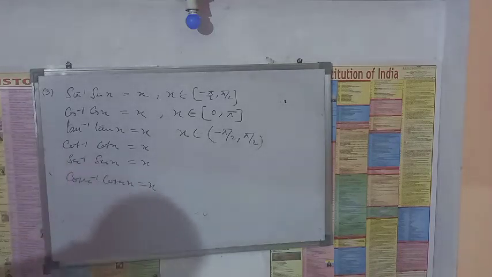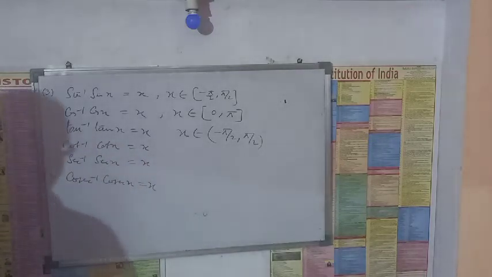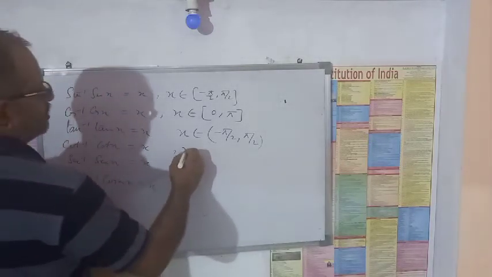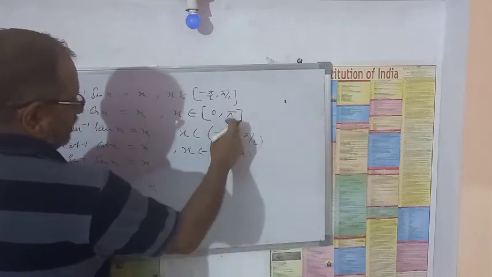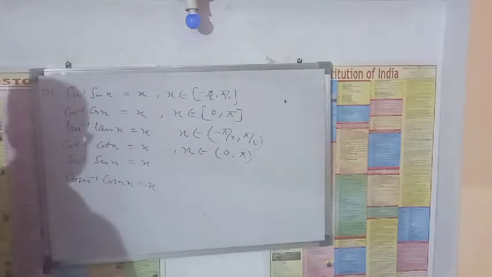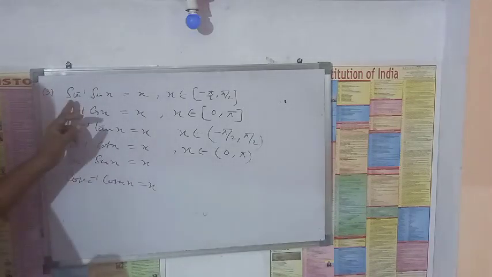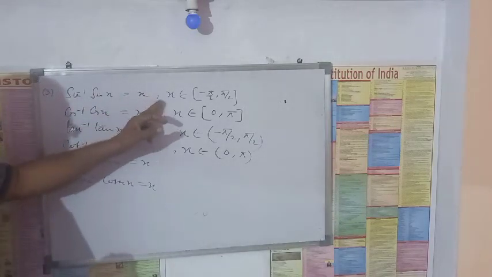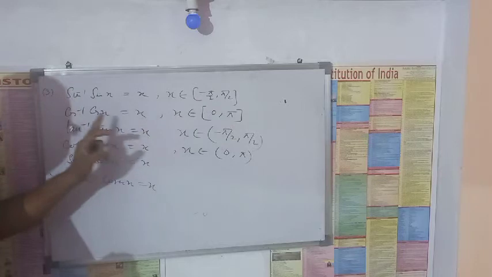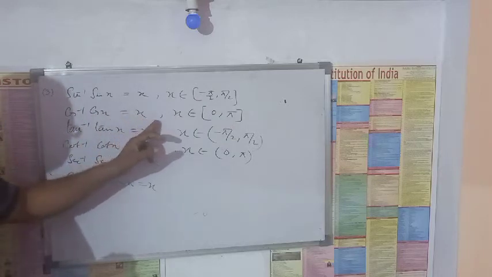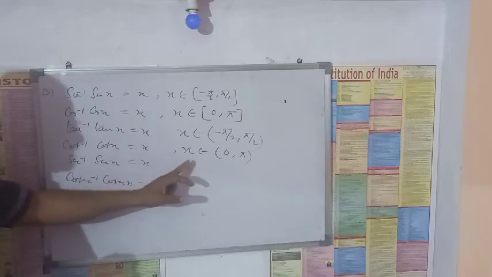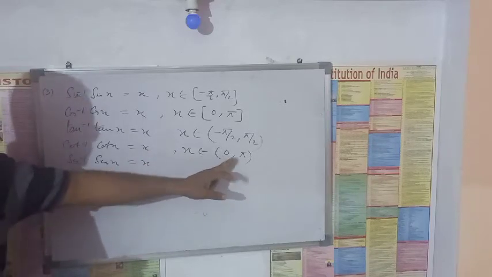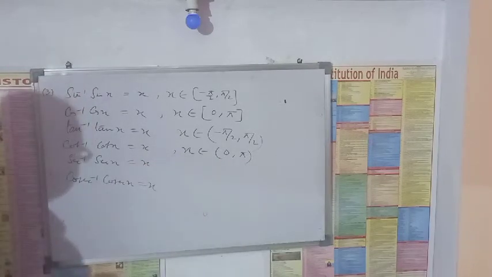And cot inverse cot x, x belongs to open interval 0 to pi. Sin inverse sin x is equal to x, where x belongs to this interval. Cos inverse cos x is equal to x lies in this interval. Similarly, cot inverse cot x is equal to x belongs to open interval 0 to pi.